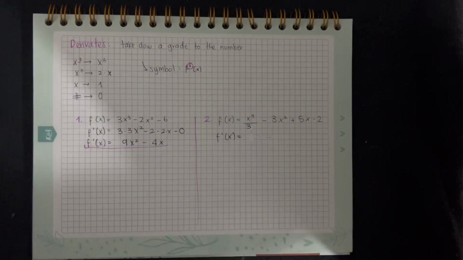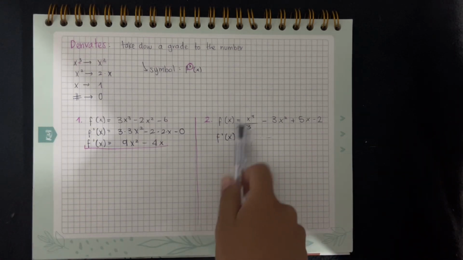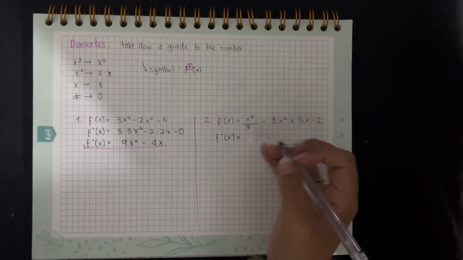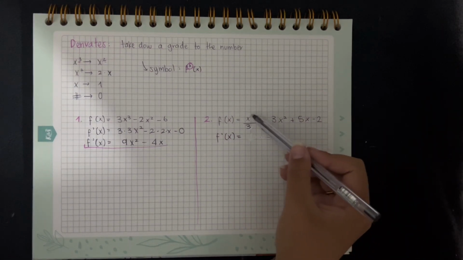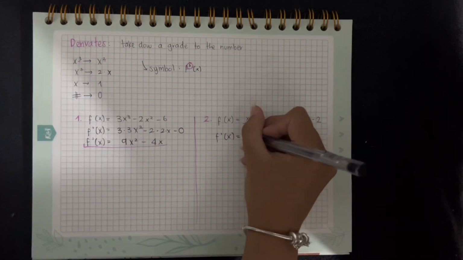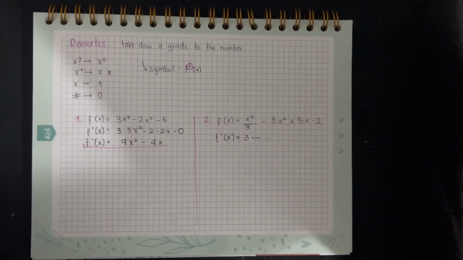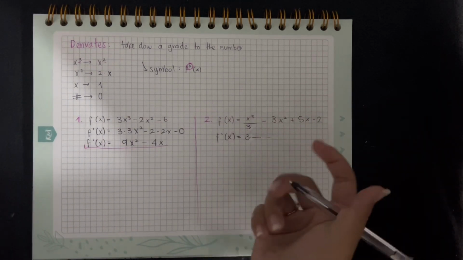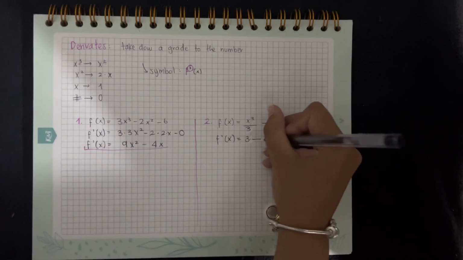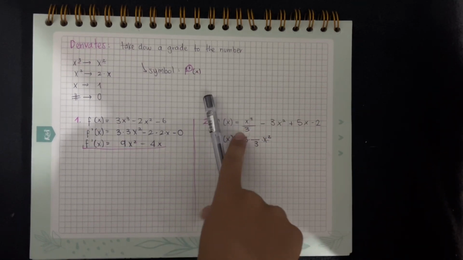For our second problem, it can seem a little bit more difficult because of the fraction that we have right here, but it's actually not. And you're going to see it because as we're writing it, the first thing we can start doing is taking this 3, which is an exponent, and passing it to a normal number. So it will be 3, times the fraction, but as we take this 3, it will be x², and that x² will be next to it. And now we will have the 1/3 that was in the fraction right here.